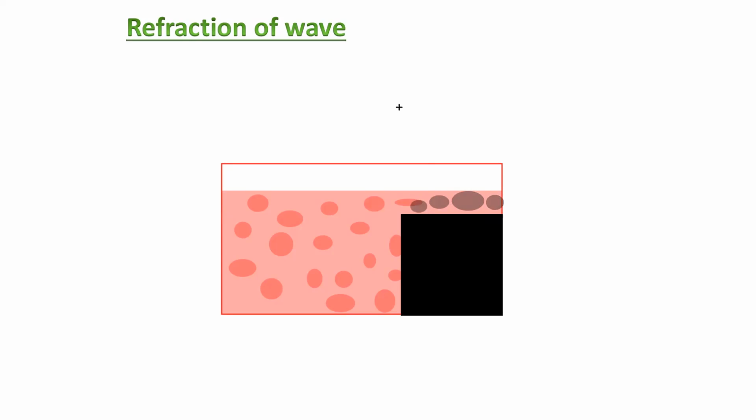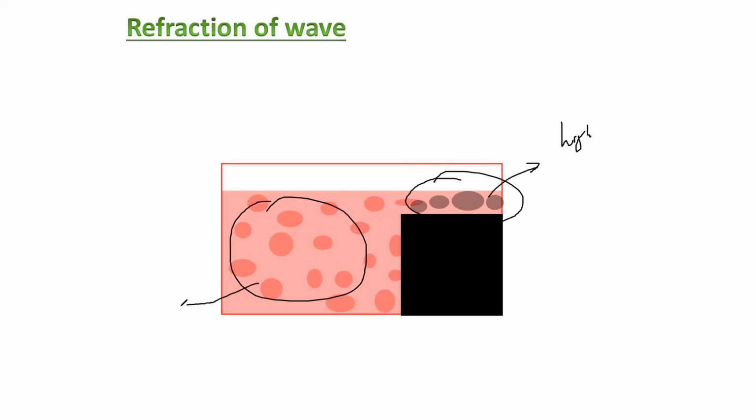The region where the particles are relatively closer, we call high density. And the region where the particles have more space available still has the same distribution, so relatively it has a low density. Is it clear?